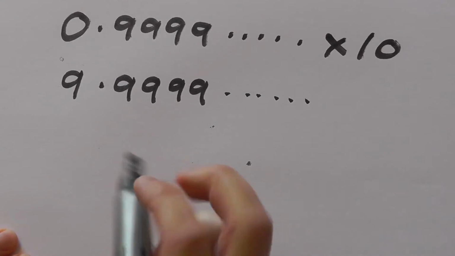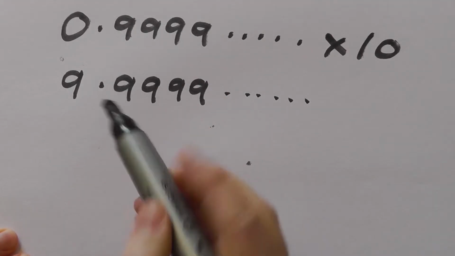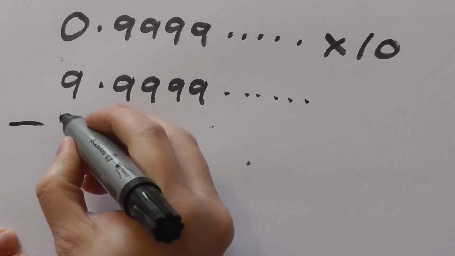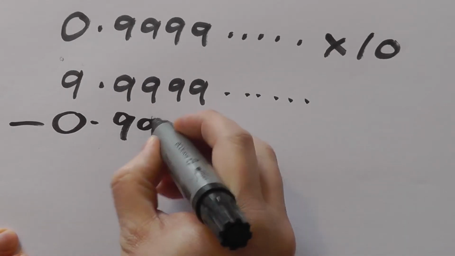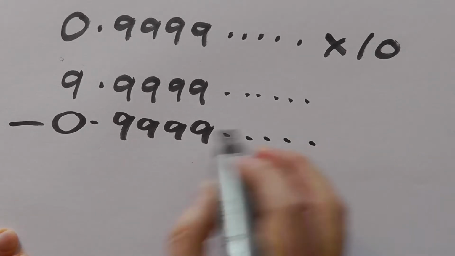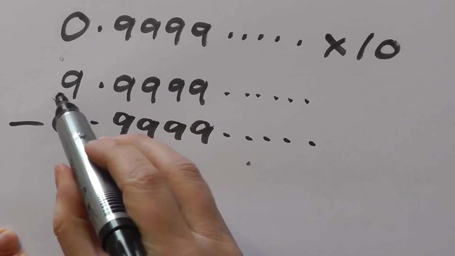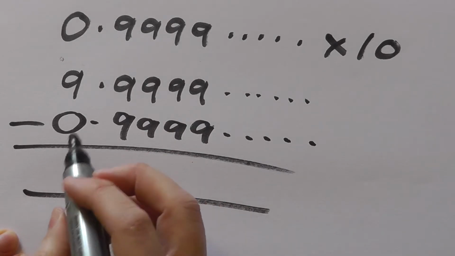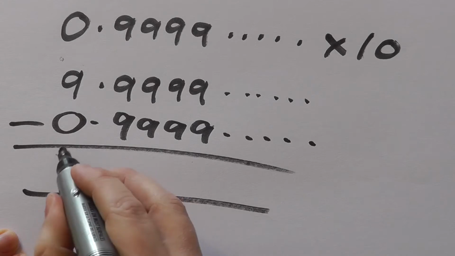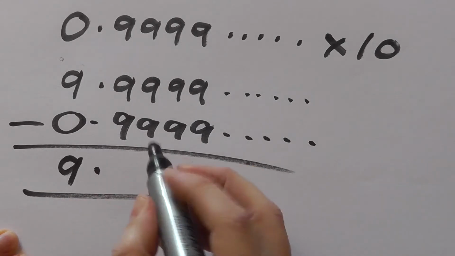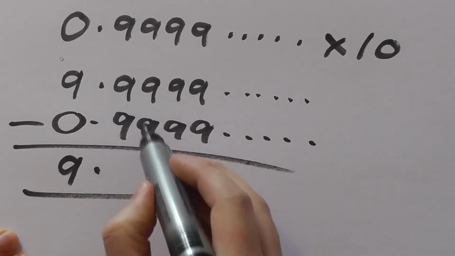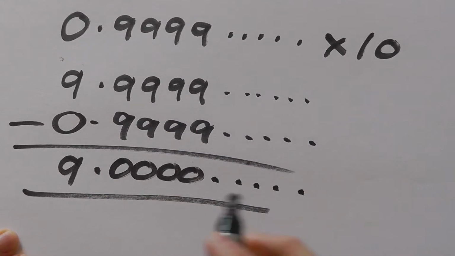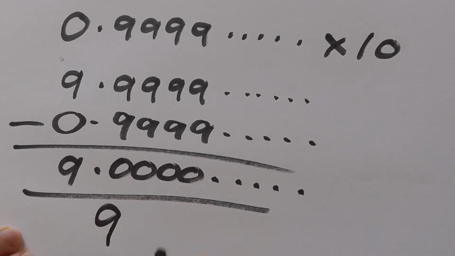So then what happens if you take that away from that? I'll write it the other way to make it easier to see. Well, it's like the thing we just did with the 3 1/3. 9 minus 0 is 9. These 9s all come out to zeros. So we end up with 9 exactly.